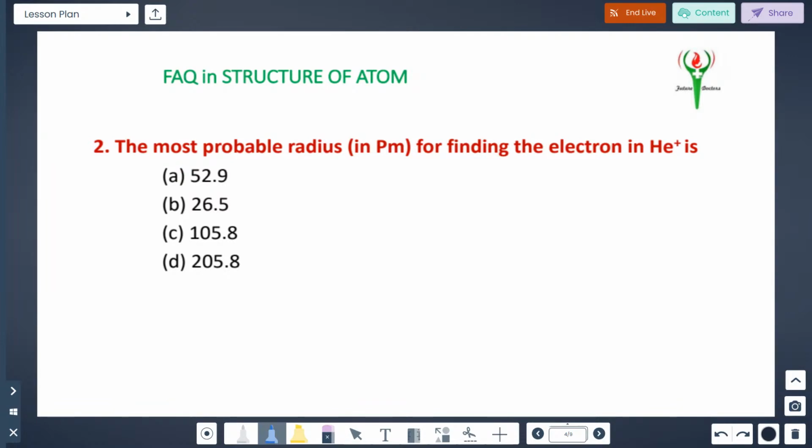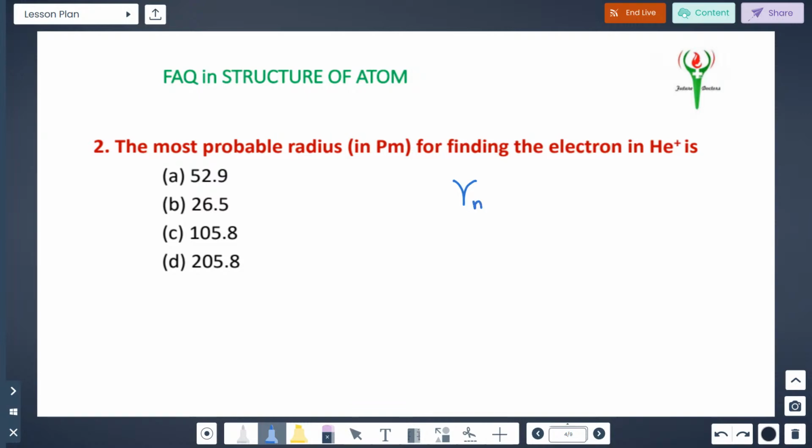Let us see the second sum. The most probable radius in picometer for finding the electrons in helium plus is, four options are given. The most probable radius. Radius means, here we have one formula for that.